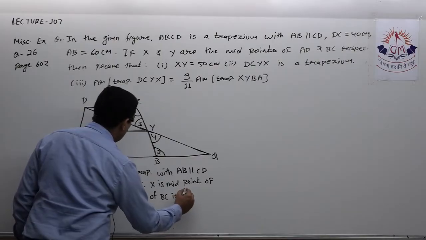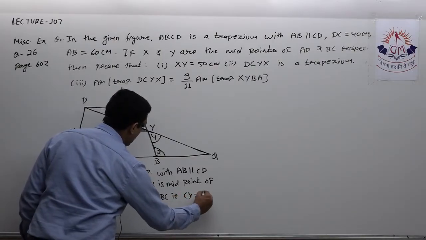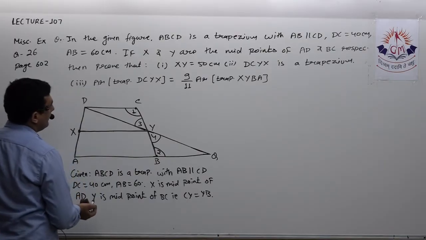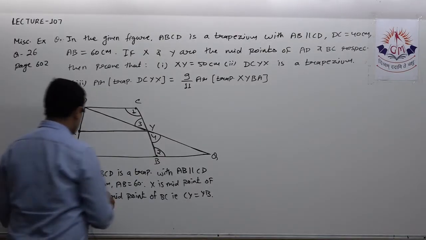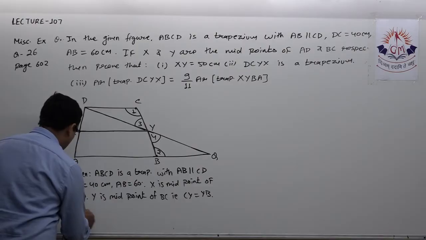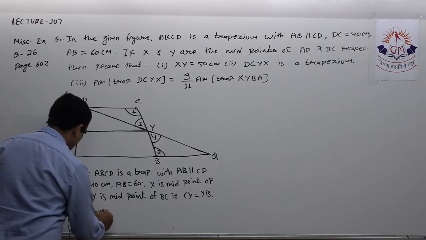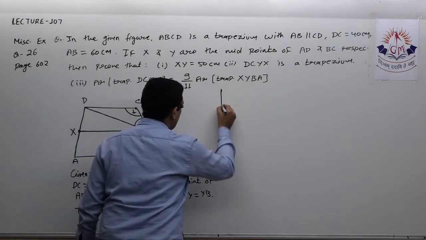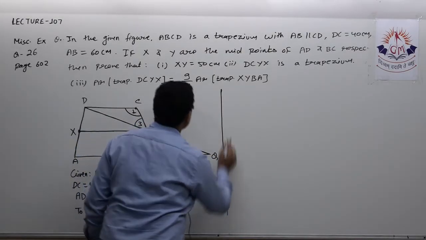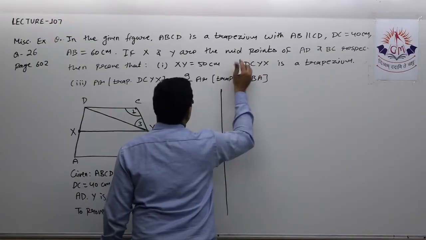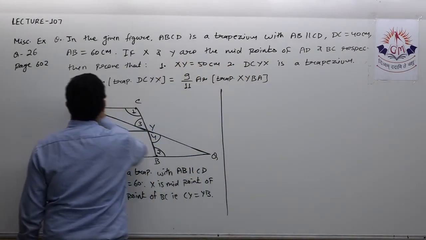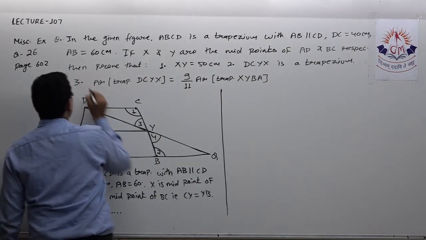That is, I can say CY equal to YB. Okay, that's it. This is the information given. I am not writing the part to prove over here; you have to write that on your own. It is the same as given in the question, in sequence.